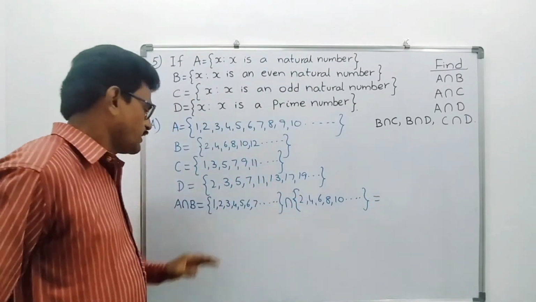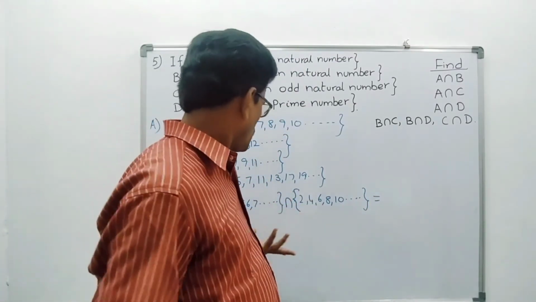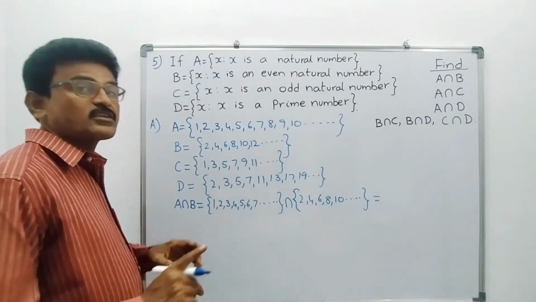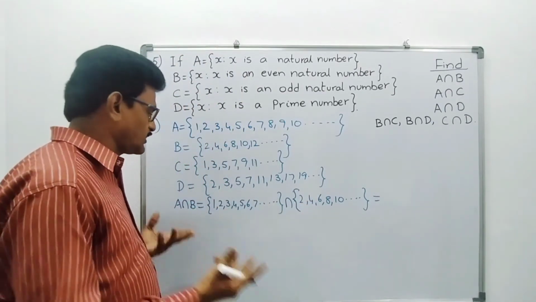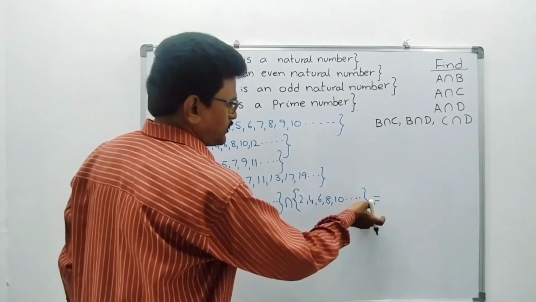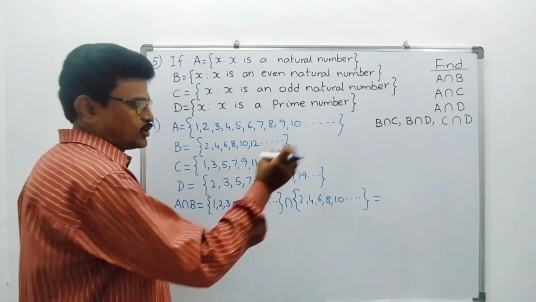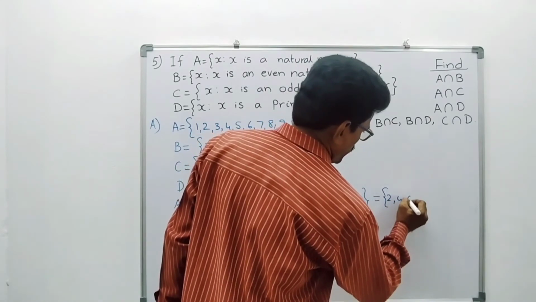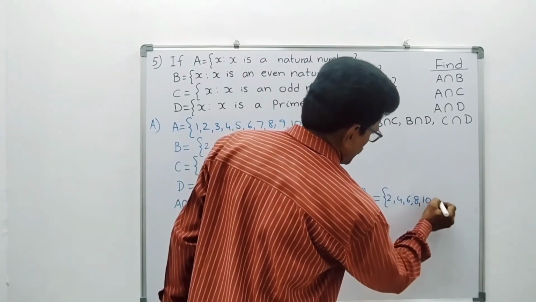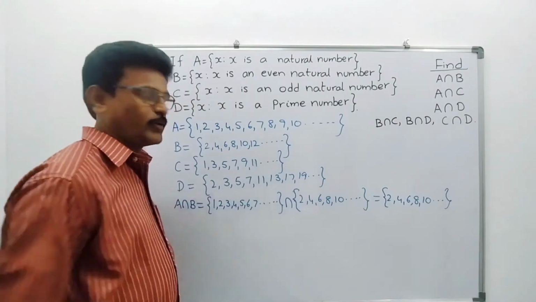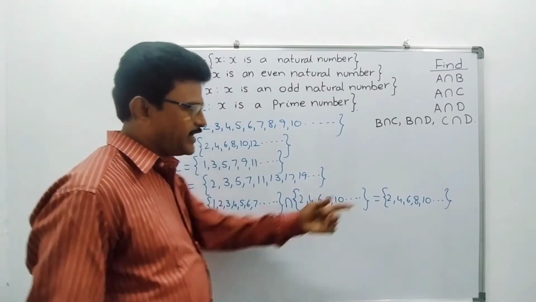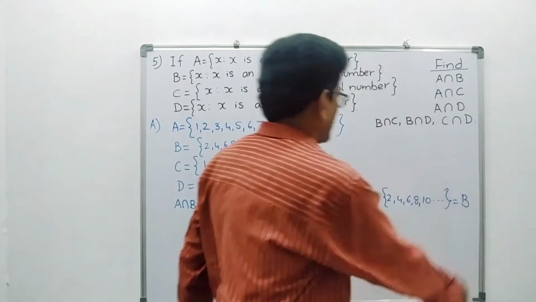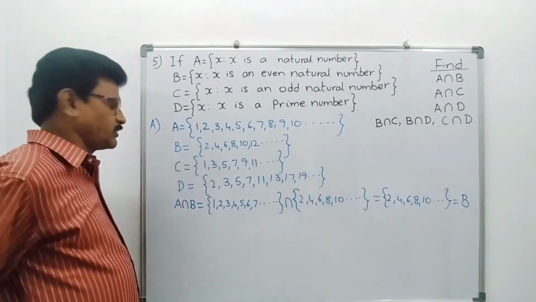Here all natural numbers are there, but here only even numbers are there. Now intersection means common numbers. What are the common numbers? These even numbers are there in the natural number list also. So the same numbers will come here. That is the result: 2, 4, 6, 8, 10, and so on. So again we are getting even numbers. We can write simply set B. Again we are getting set B.